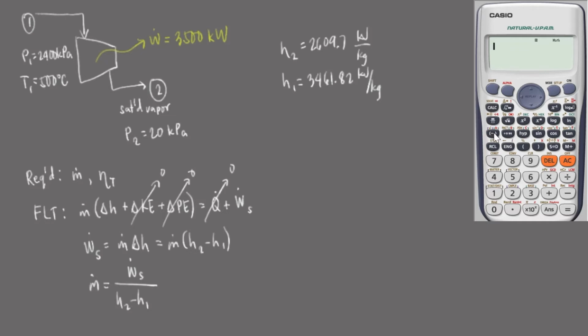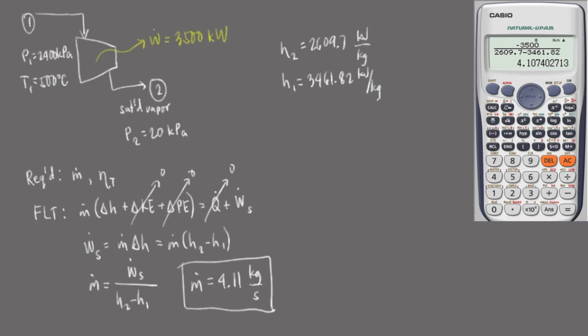Substituting our given values, our work is negative 3,500 kilowatts divided by our delta H, that is 2609.7 minus 3461.82. Our mass flow rate of steam is equal to 4.11 kilograms per second.